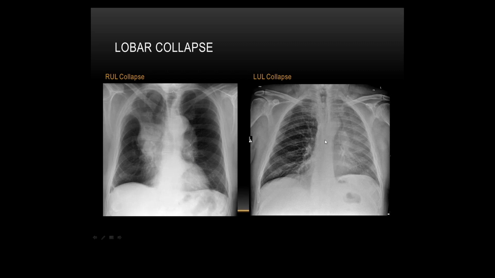Now looking at a left upper lobe collapse, have you heard of a veil appearance? If you look at a lateral, that's your lateral left lung, and you've got your fissure like that.